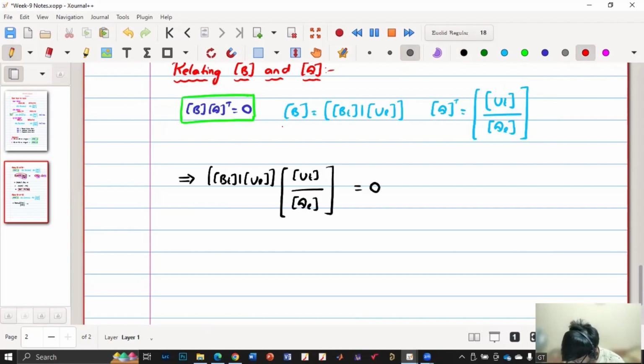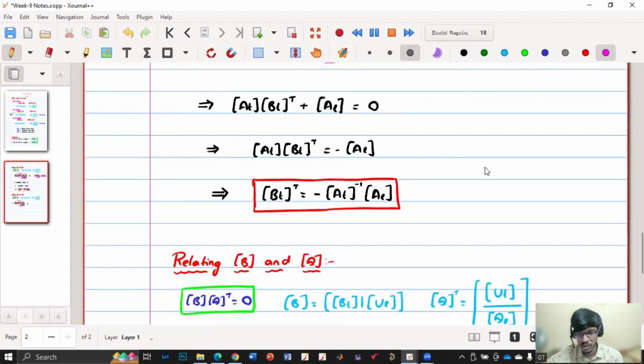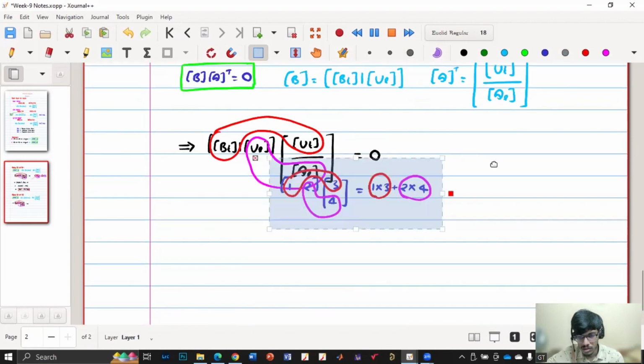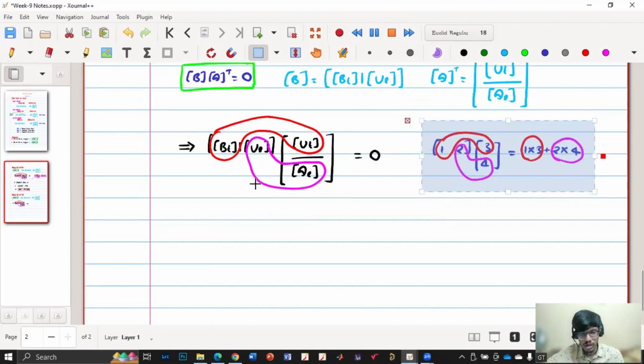Same thing we'll do: twigs multiplied by twigs and links multiplied by links. If you consider the same example, it is just like a row matrix multiplied by a column matrix. So we are multiplying in the same format, and we are using the same logic.